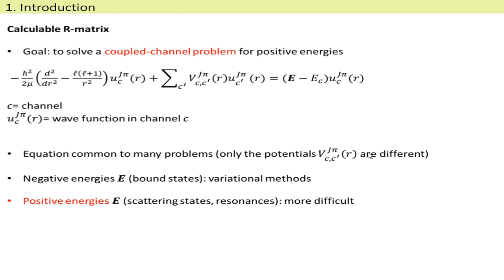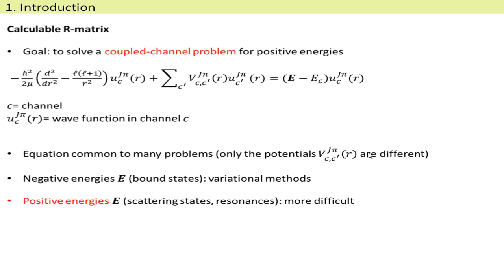Okay, so in the calculable R-matrix, we know that in many problems in physics, you end up with a coupled channel problem. So you have seen this equation many times in the previous lectures, for example, in CDCC. And this is very general, so it can be adapted to nuclear physics or to atomic physics. The only limitation is that it's non-relativistic.